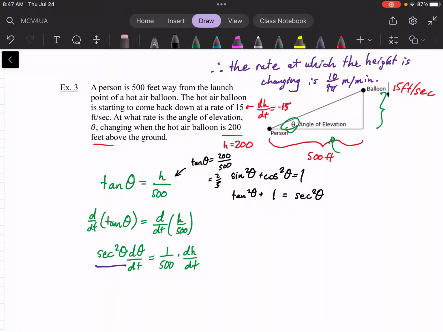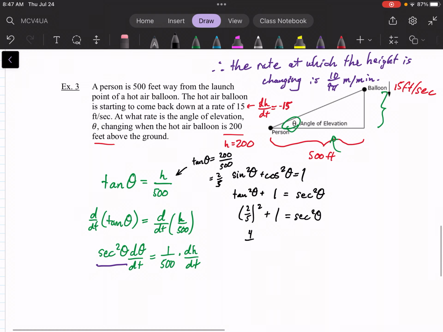So now secant squared theta is 2/5 squared plus 1. This is going to turn out to be 4 over 25 plus 1 equals secant squared theta. And secant squared theta is now the value of 29 over 25.